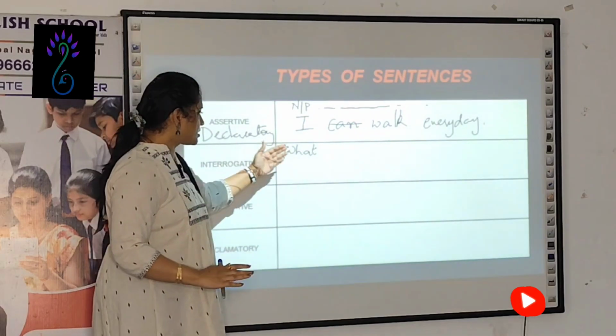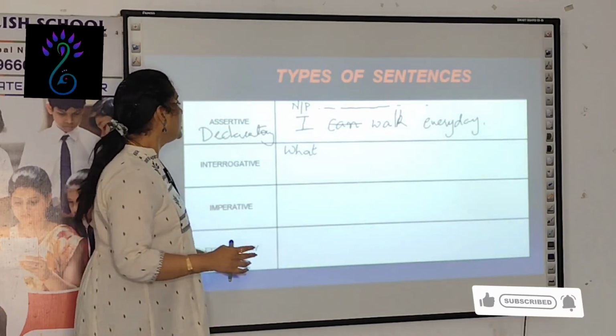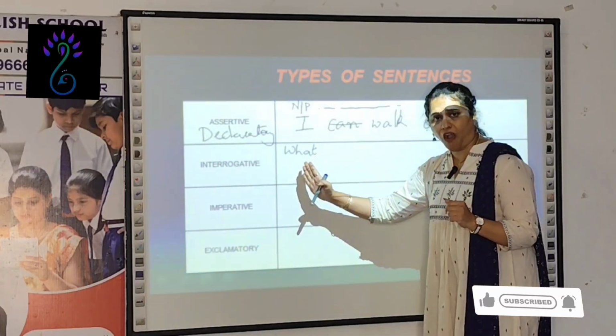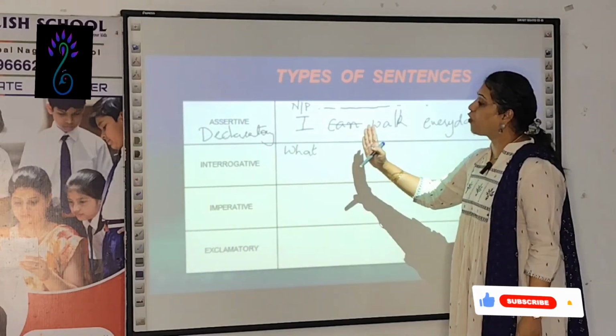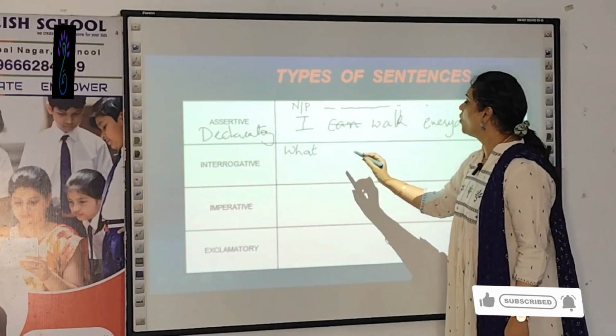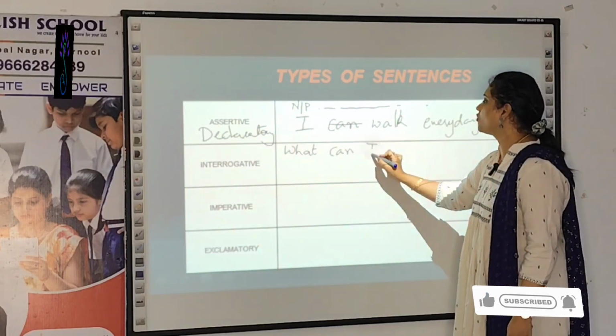It starts with a question word or it should start with a helping verb. If it starts with a question word like what, immediately it should be followed by an auxiliary verb, and later by a noun or pronoun.